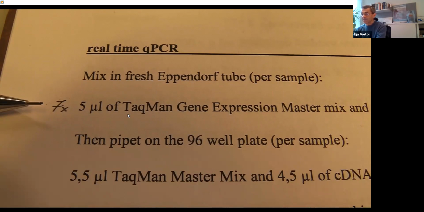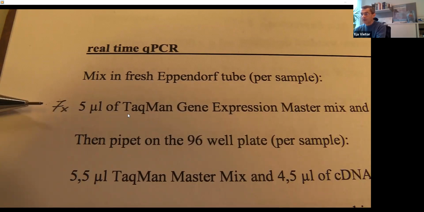normalized. That means that we have used the same amount of RNA to generate the cDNA, but we don't know how much of this sample represents our gene of interest, in this case DLK1, and how much we have of different cDNAs, so it has to be normalized on a housekeeping gene. Therefore, we are doing two measurements.